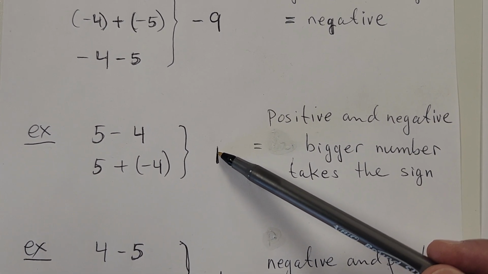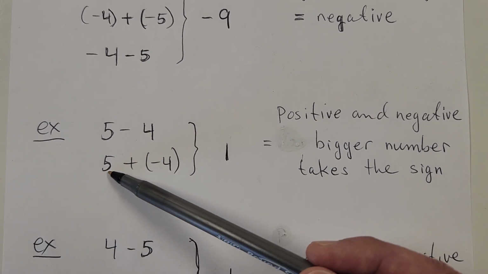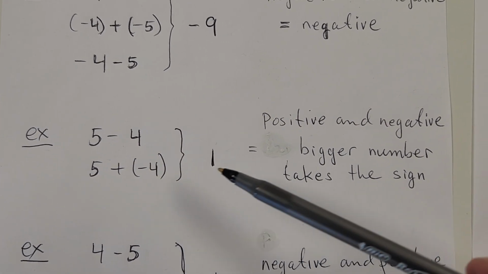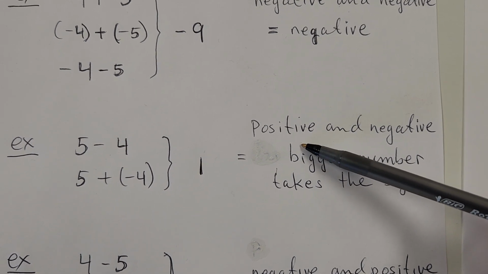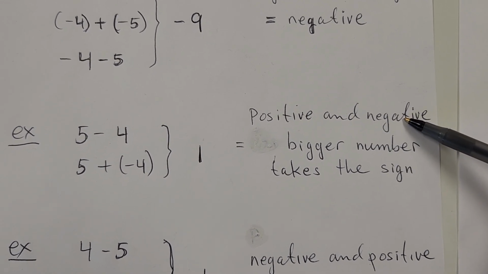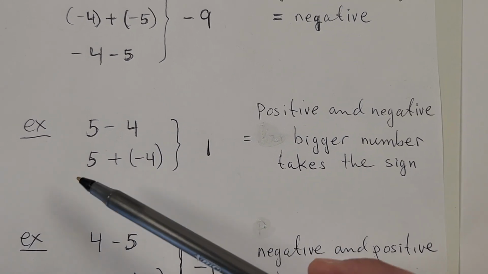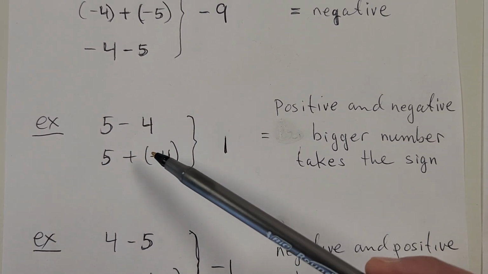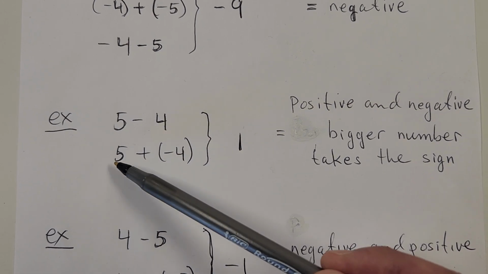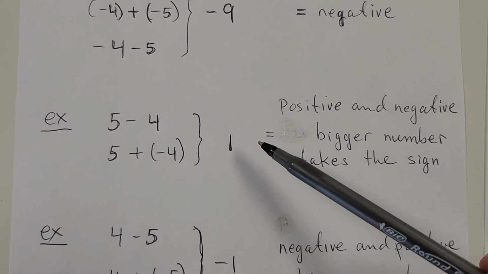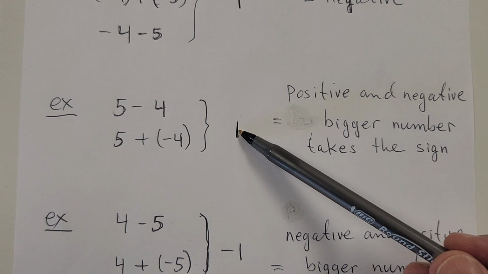And the reason why it's positive 1 is because 5 is bigger. So in general, when you have a positive plus a negative, the bigger number takes the sign. Again, 5 is bigger, 4 is smaller, 5 is positive, so therefore the answer takes the positive.